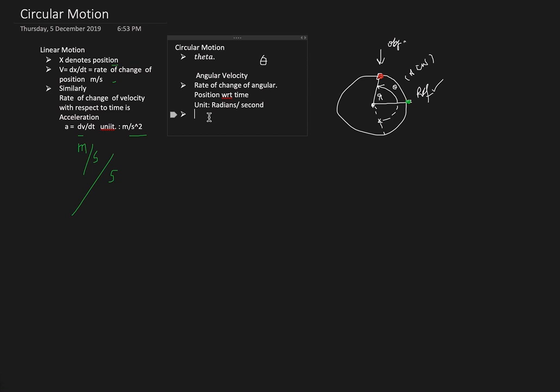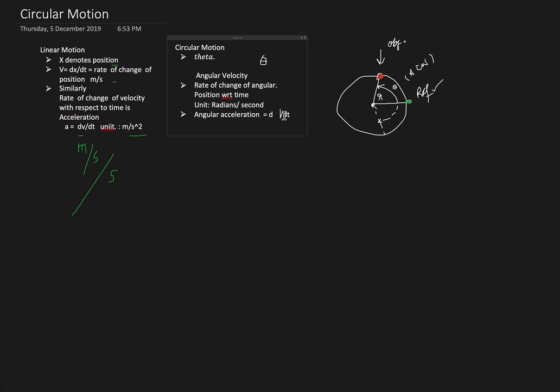So from here we can define that the rate of change of angular velocity is angular acceleration. Angular acceleration is d omega by dt. So it should be omega here, I'll make omega later.